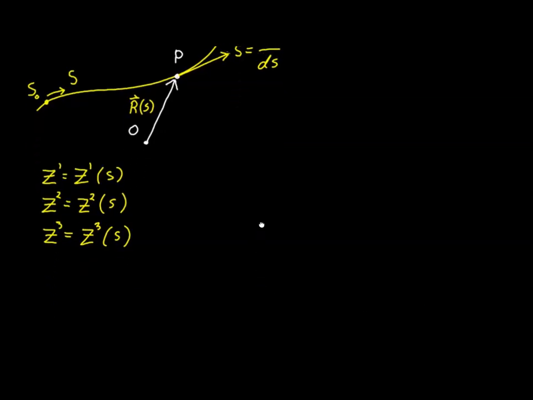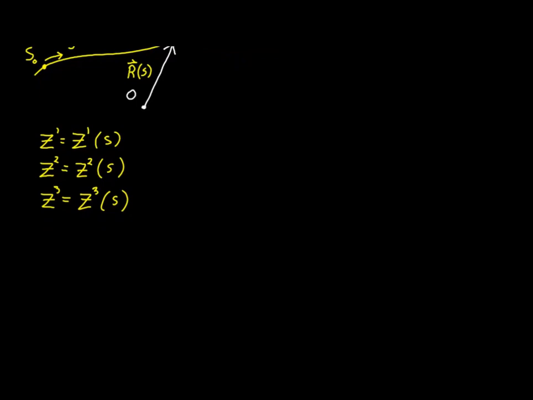Okay, well now that we have that relationship, we can play the game that we've played a few times before, and that is to notice that r, although it is a function of the arc length, can now be expressed as a function of our coordinates. So r can also be expressed as a function of z1, which is a function of s, and z2, which is a function of s, and z3, which is a function of s.